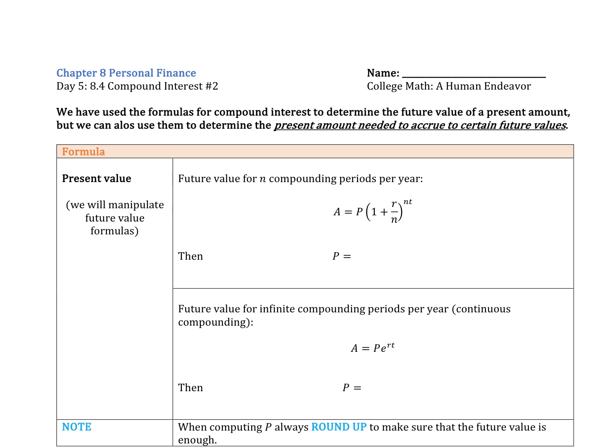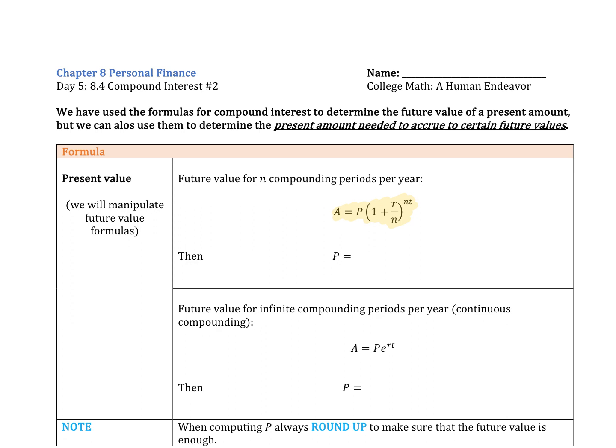Okay, so last section we talked about the future value, right? With compounding interest, n times per year. So today what we're going to focus on is actually finding the present value that we need to actually deposit in order to get that future value. So all we're going to do is manipulate and solve for the P value.